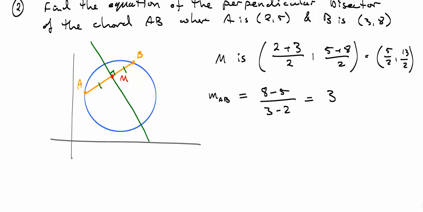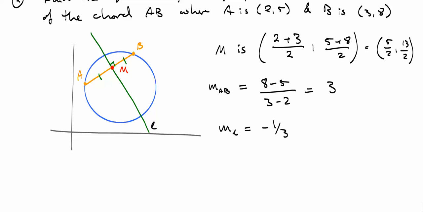So that's the gradient of AB. The gradient of the line, the perpendicular bisector, let's call that L. So mL would be minus a third, because it's perpendicular, and the two gradients, 3 and minus a third, multiply to give minus 1.